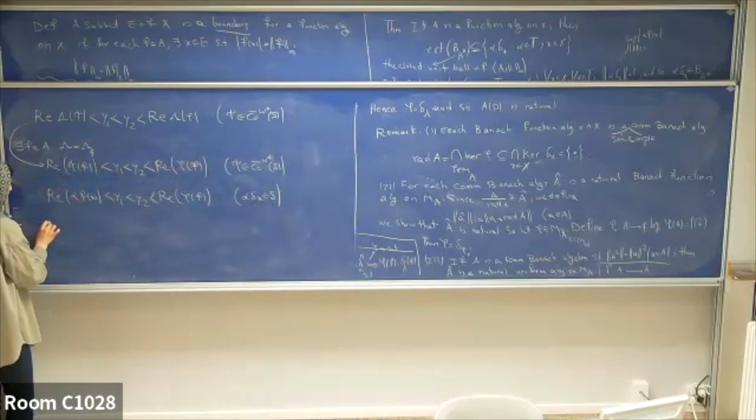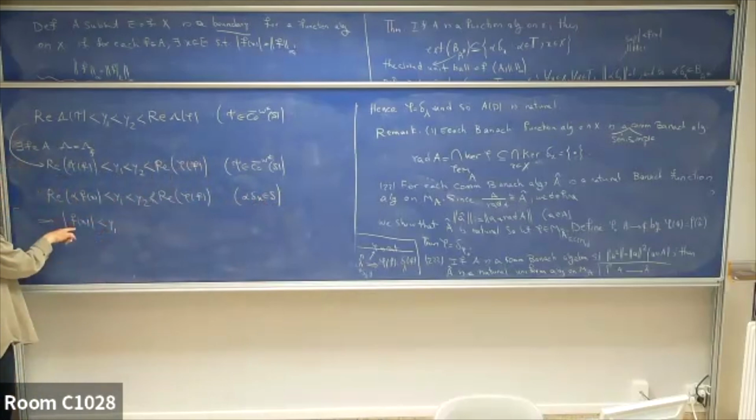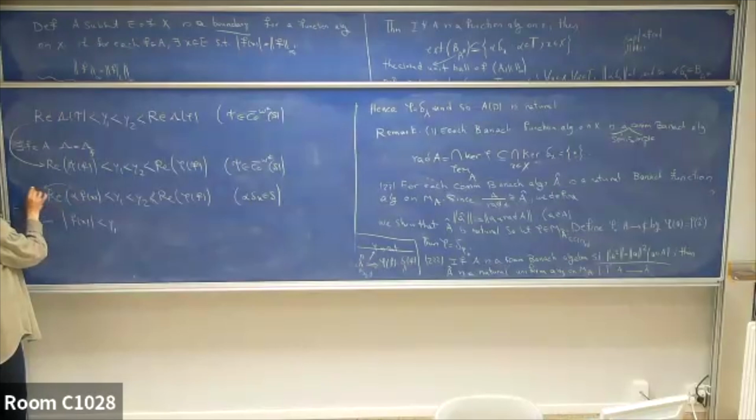and so I can say that even the absolute value of f of x is less than gamma 1. Why? If f of x is 0, it's clear. The real part of f of x is 0 and we have it. Otherwise, we can consider alpha as f of x bar over the absolute value of f of x, which is not 0.